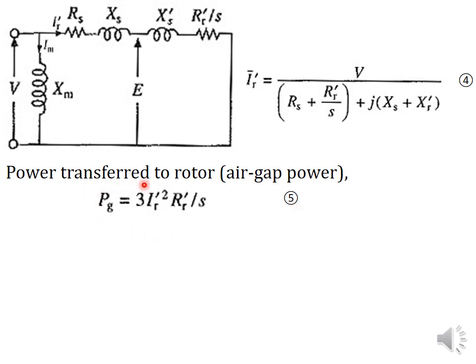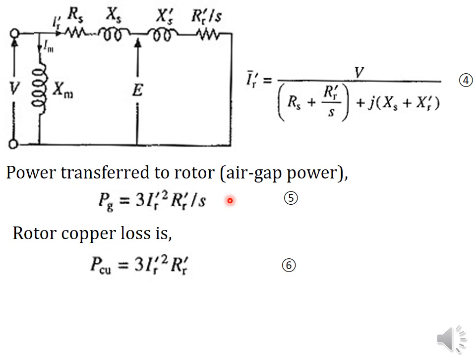But the entire air gap power is not converted to mechanical power, as there will be some losses. So we have to consider the rotor copper loss. Rotor copper loss is equal to 3 into Ir dash square Rr dash, that is the I square R loss.